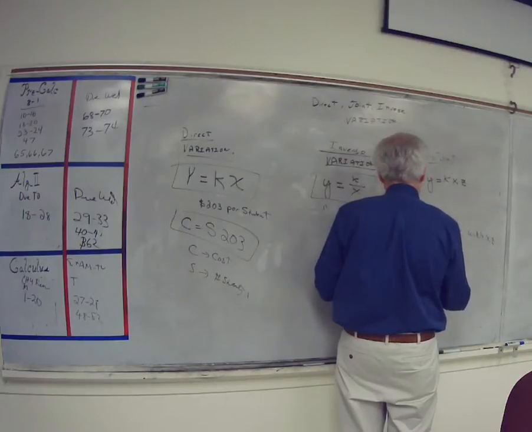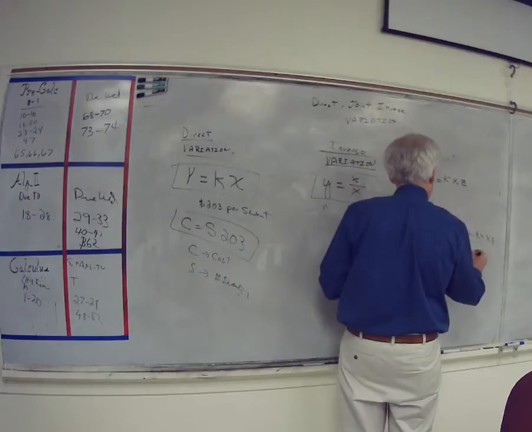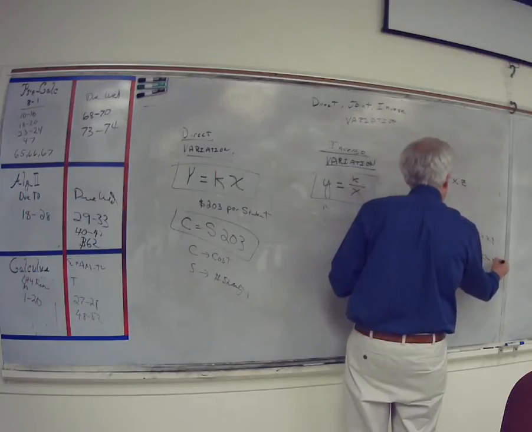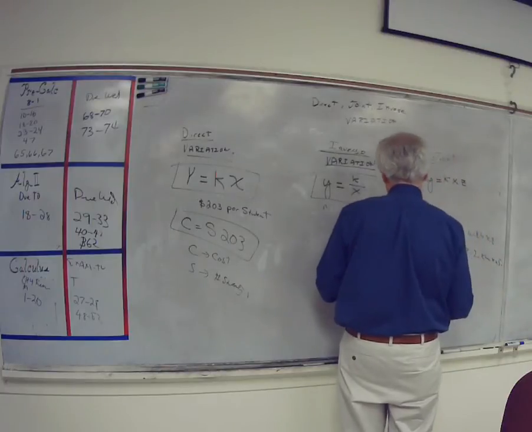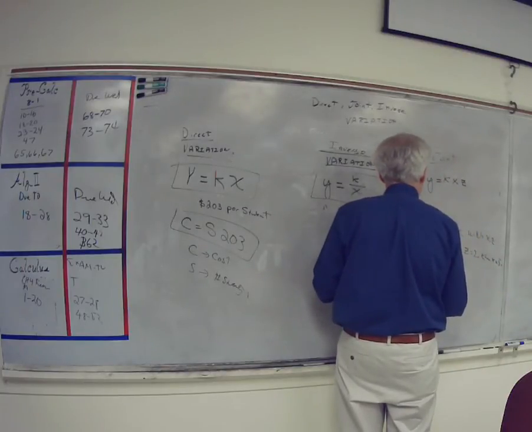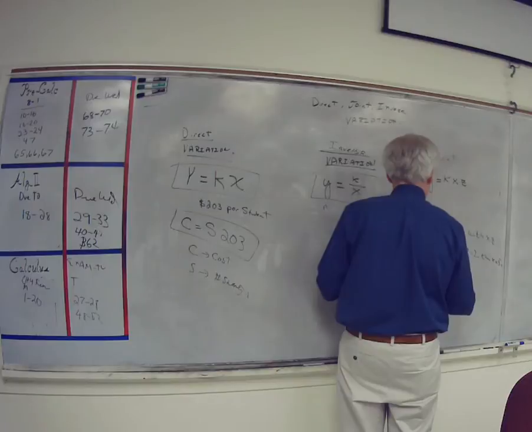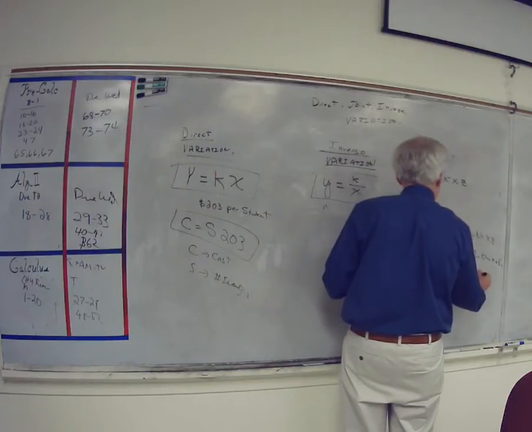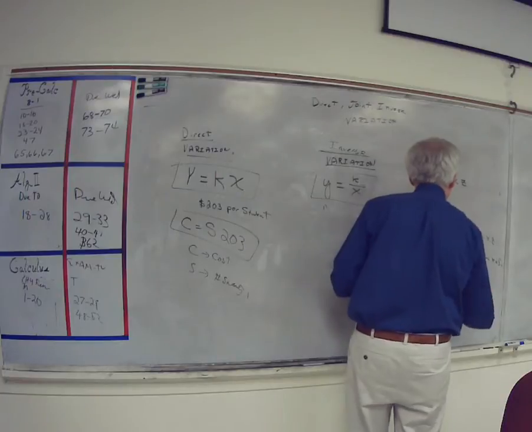If y is equal to 16 and z is equal to 2, then x is equal to 5. Okay? Find y when x is equal to 8 and z is equal to 3.